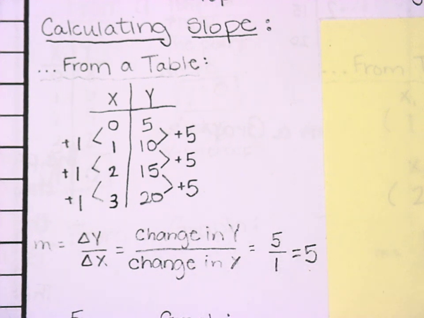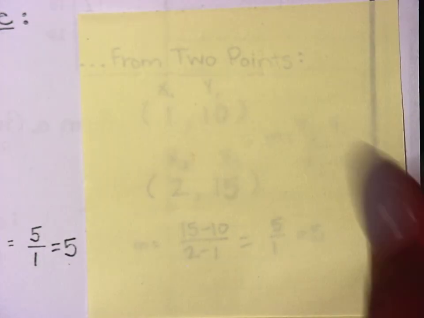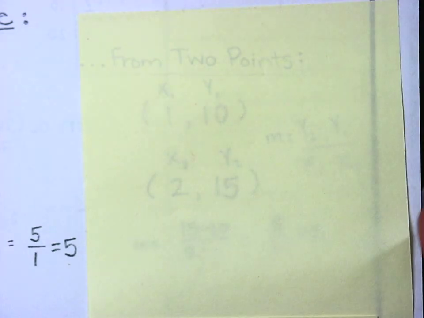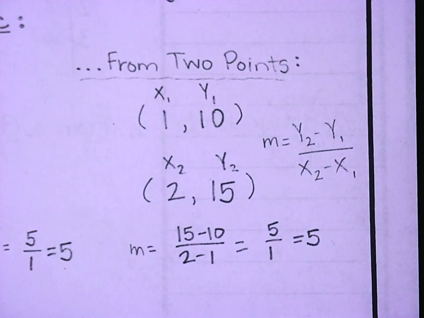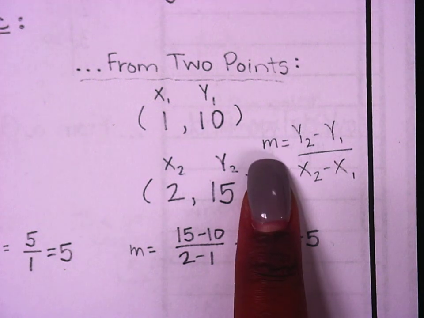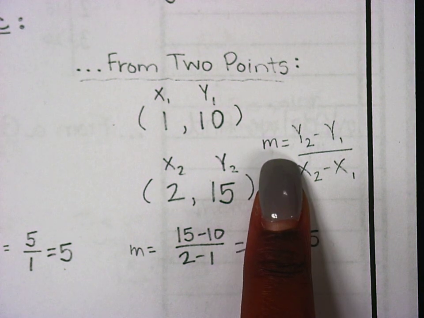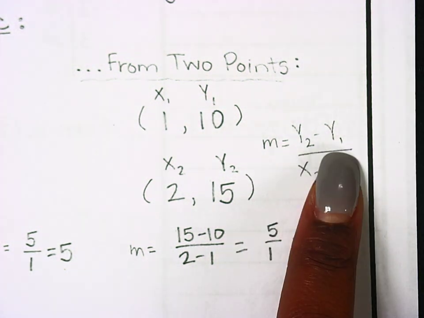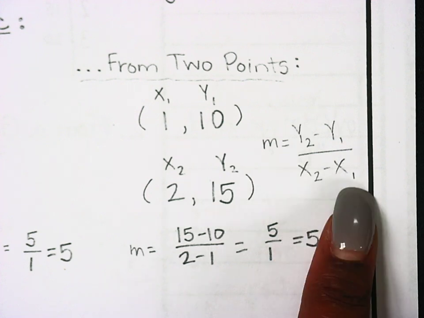Another way we can find slope is from 2 points. To find slope from 2 points, all you need is to know what the formula is. And don't worry about memorizing it. It's on your formula chart. So to find slope from 2 points, the formula is m, which is slope, equals y2 minus y1 over x2 minus x1.